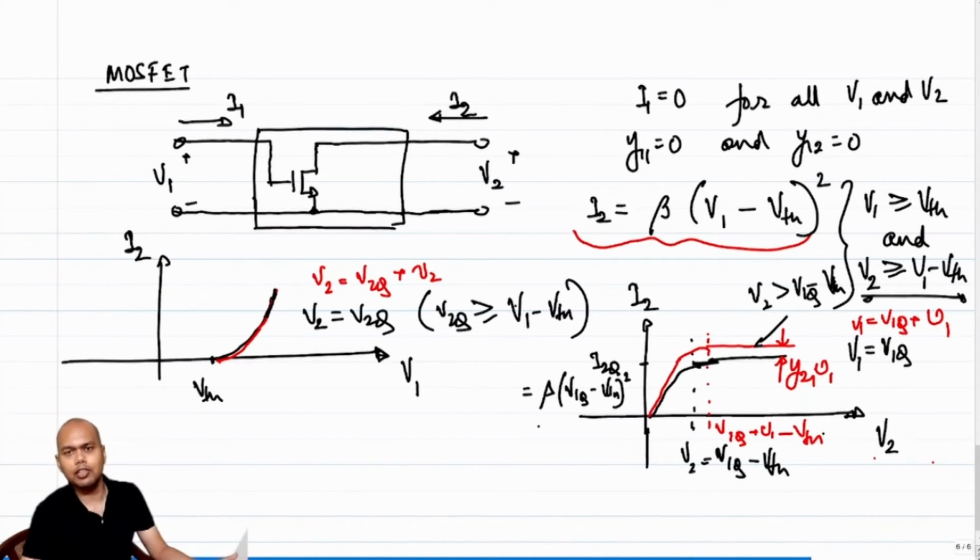Can you make a device and give it to us? They say, sure enough, not only one, we can give you different flavors of devices whose IV characteristics look like this.